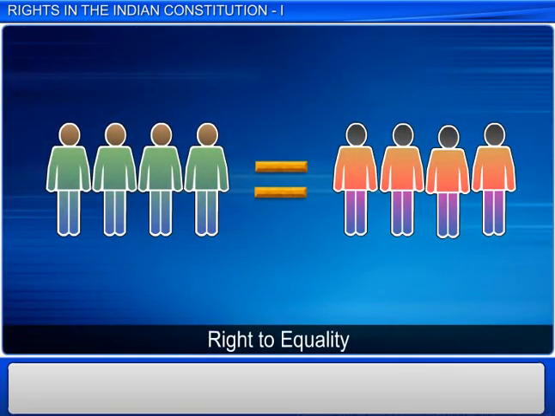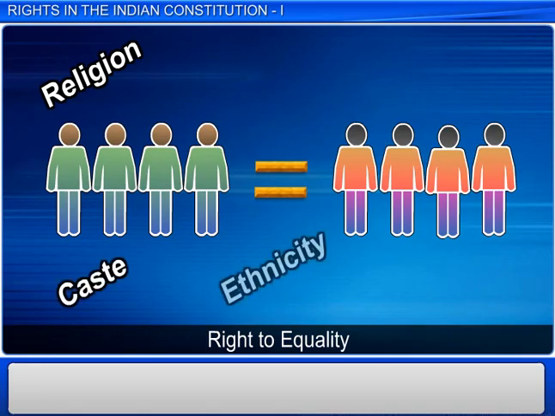The right to equality also states that the government cannot discriminate among citizens on the grounds of religion, caste, ethnicity, sex, or place of birth.